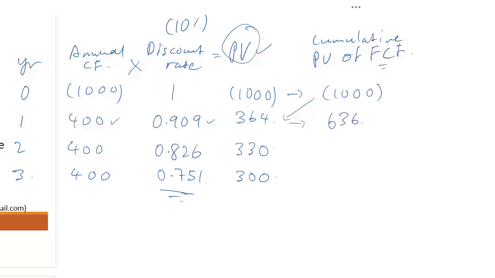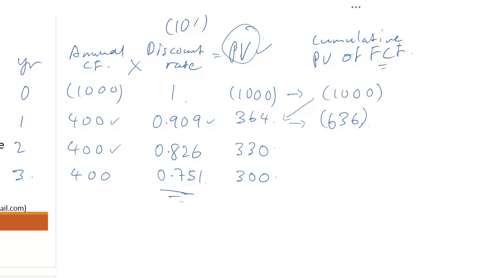Now as you go on to the next, it's negative. Now when you come to year 2, year 2 tells you that you are going to have 400 again, and the present value for that 400 is actually 330.